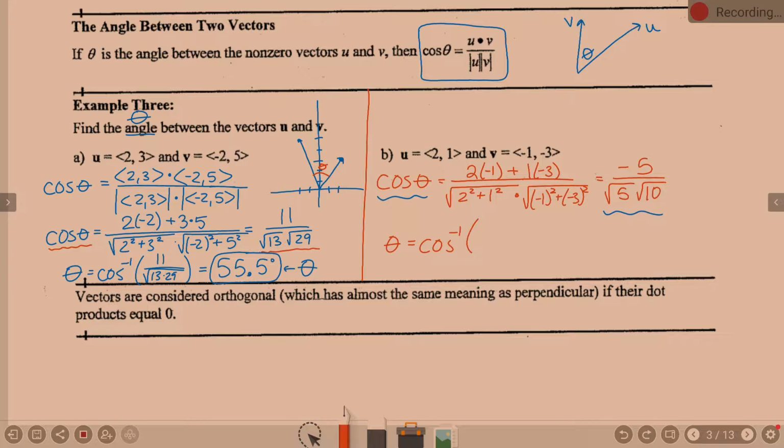And so we're going to be doing cosine inverse of negative 5 over square root of, what if I say 50? Can you guys handle that? Okay, square root of 5 times square root of 10 is square root of 50. You can leave it as 2 separate square roots, it's fine. Just know how to use your calculator. And no, you don't need to simplify that square root. Nor do you need to rationalize because we're getting ready to put it in the calculator.